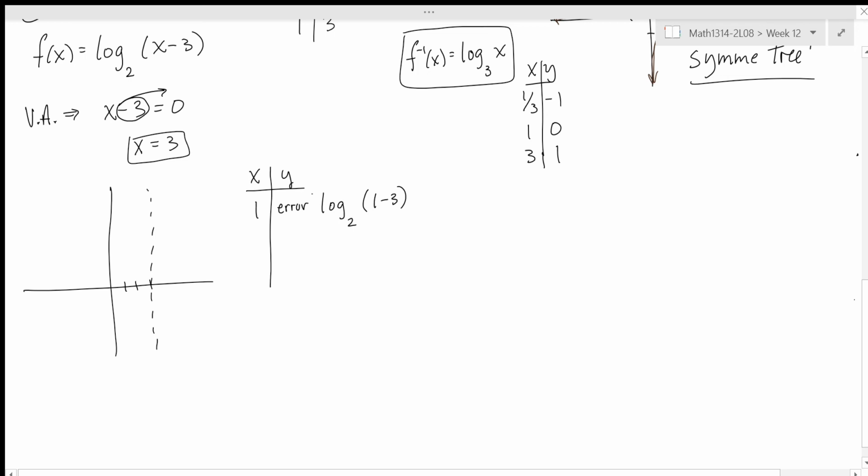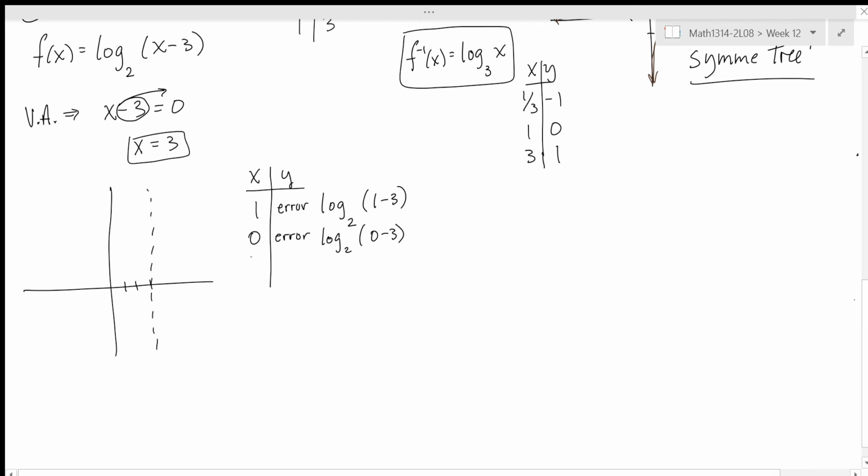That means the graph is not going to exist over here. So pick me a different x and maybe it will come out with a point this time. 0. So do log base 2 of 0 minus 3. Error. I just said the graph is not going to exist over here.